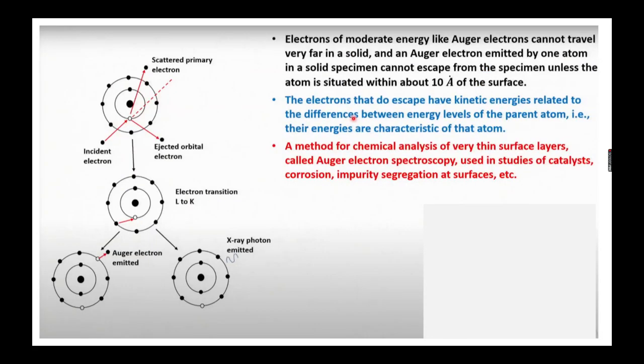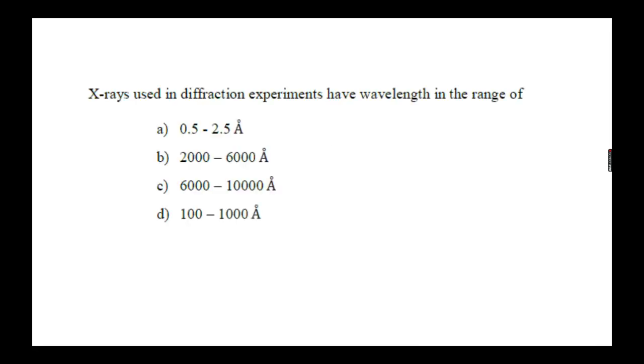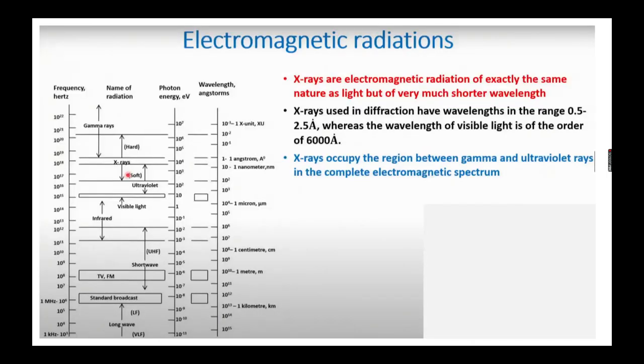So, D. X-rays used in diffraction experiments have wavelength in the range of what? This is pretty simple. I have just shown you the bar. First, option A. This is quite obvious, so I will not give much time.